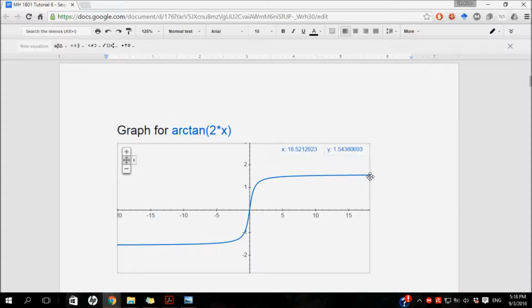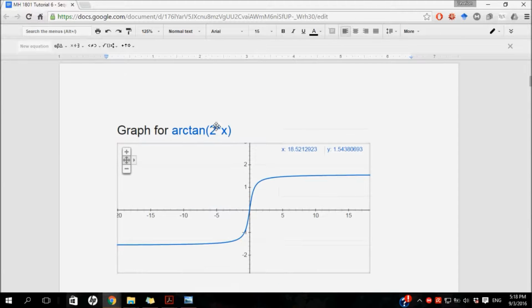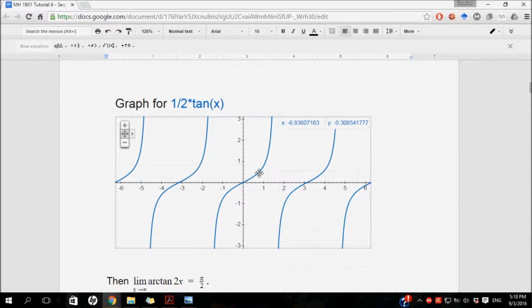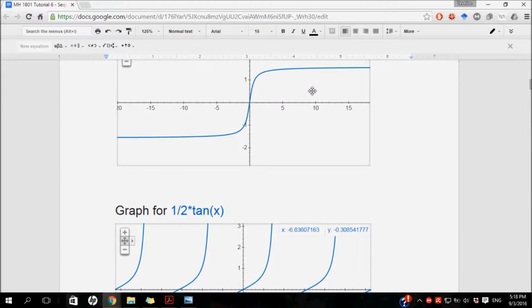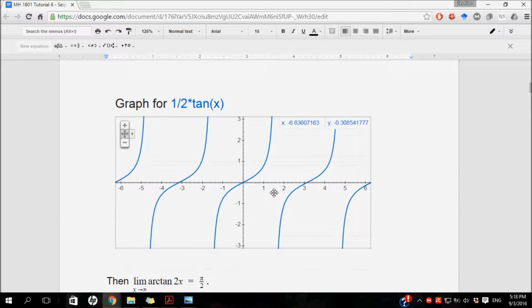It turns out that the limiting value is precisely specified from the graph of the inverse of the arctangent function here. As we take x towards infinity for the arctangent of 2x, it corresponds to taking y towards infinity in this graph for half times the tangent of x.